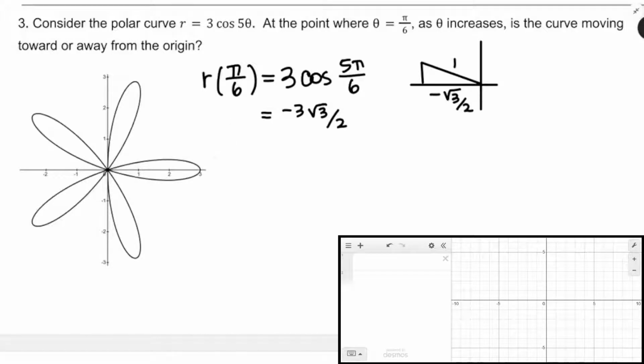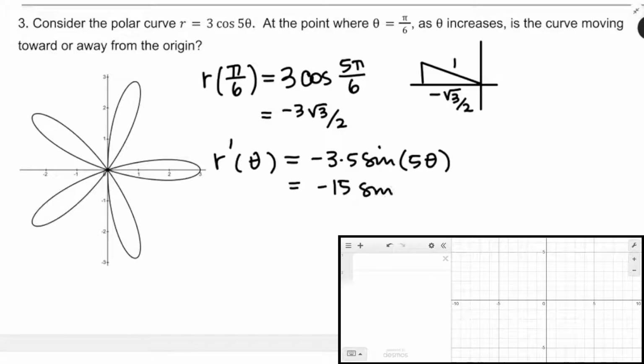And then r prime is going to be negative 3 sine of 5 theta multiplied by 5 for the chain rule. So that's negative 15 sine of 5 theta.